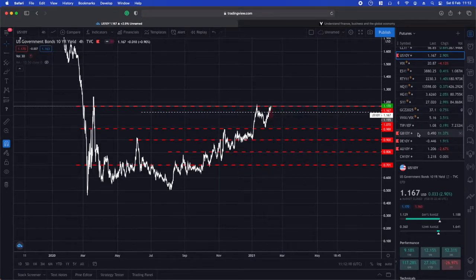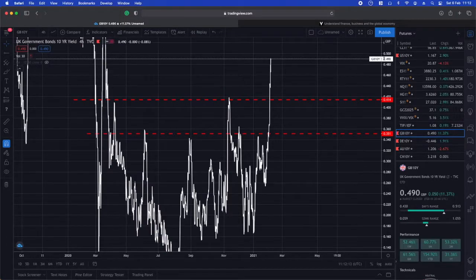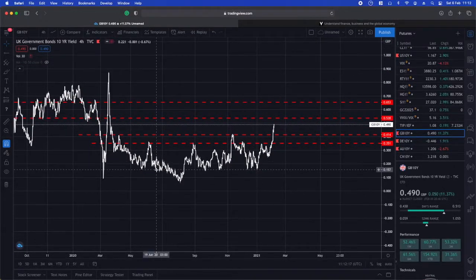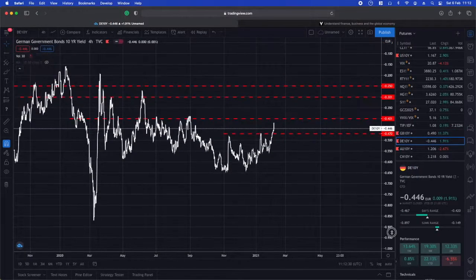And if you look at the others, for me, obviously, I look in pounds. I look at gilt yields. It hasn't started as early as the US. Obviously, it's not really started. It's made this most recent low in January, but now it's moving up. The same in Germany.